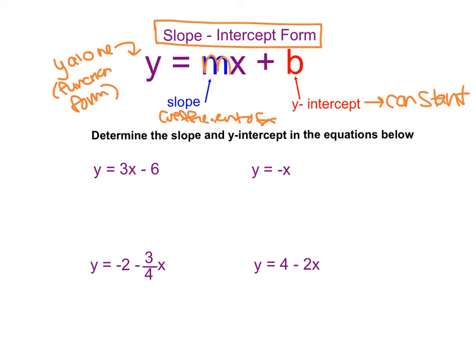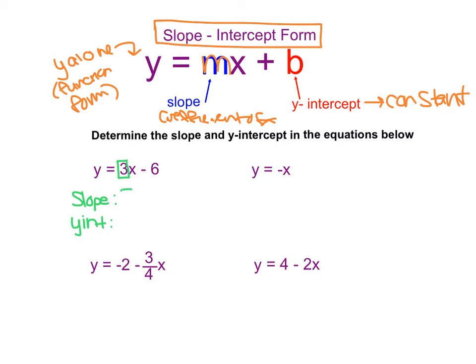So what we're going to do in these examples down below is we're going to identify the slope and the y-intercept in each equation. So if I look at this first example here, I'm going to find my slope and my y-intercept. My slope, I know, is the coefficient of x. So here, if I look for the coefficient of x, I notice that the number in front of x is 3.